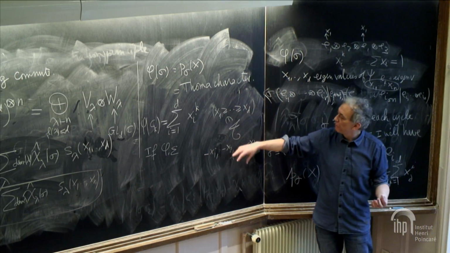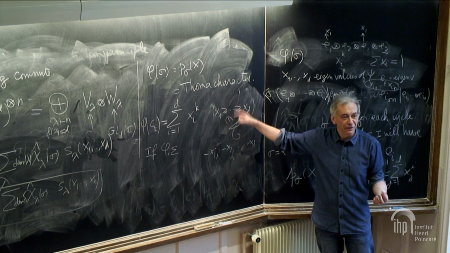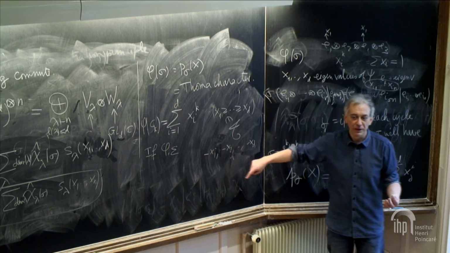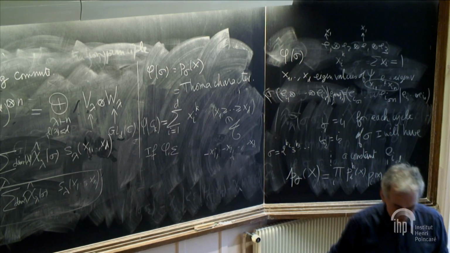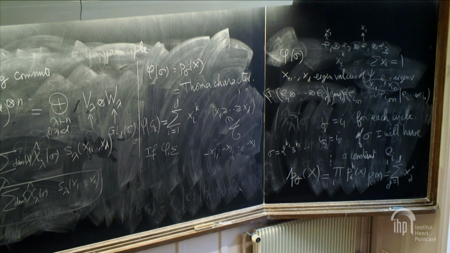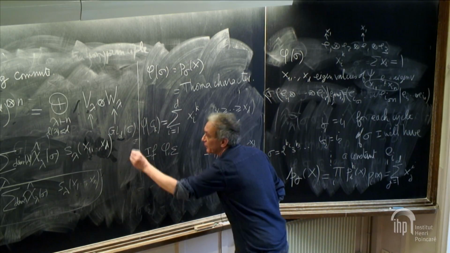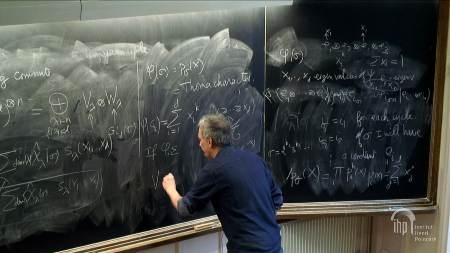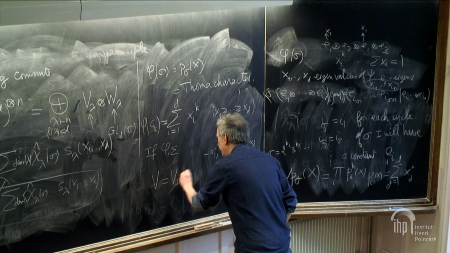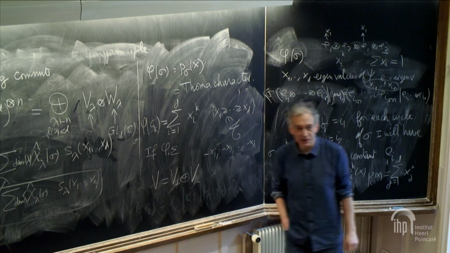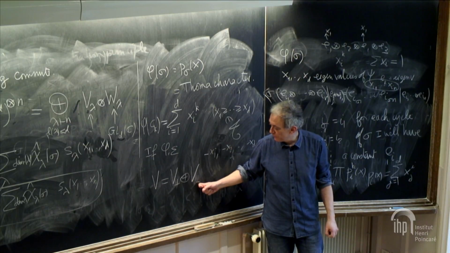Now, how can you have the two together? I don't have time to go into detail, but I can explain in one minute. Instead of taking C^d, you take a vector space V which is graded. You put a grading, V plus and V minus.